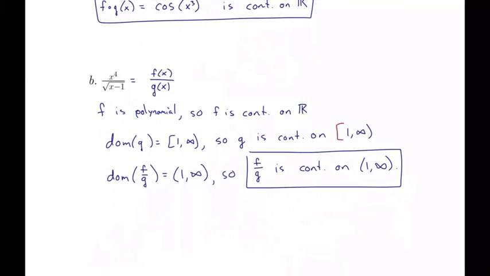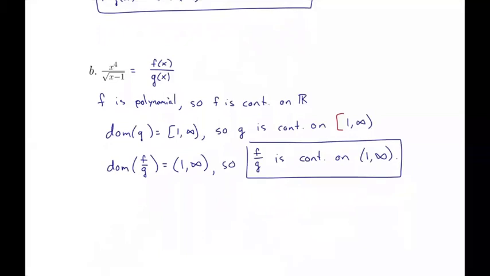We've already shown that for this function. That's just a typo right there. So it's continuous from 1 to infinity. And now what we would be tempted to do is not be so careful and say the domain of f over g is 1 to infinity, exclusive of 1. And we want this to be the case.